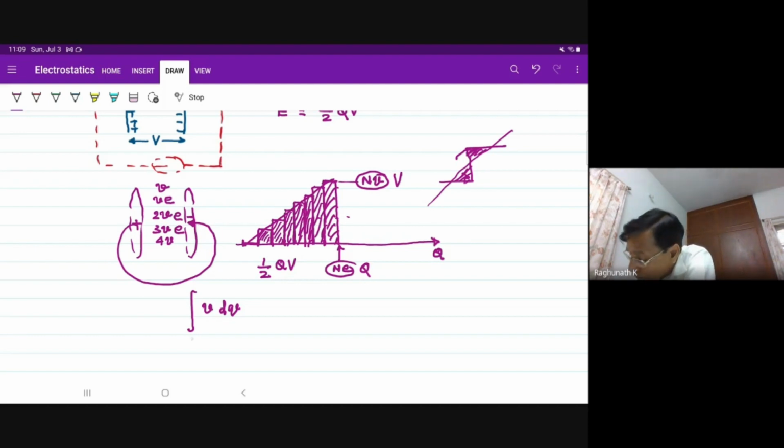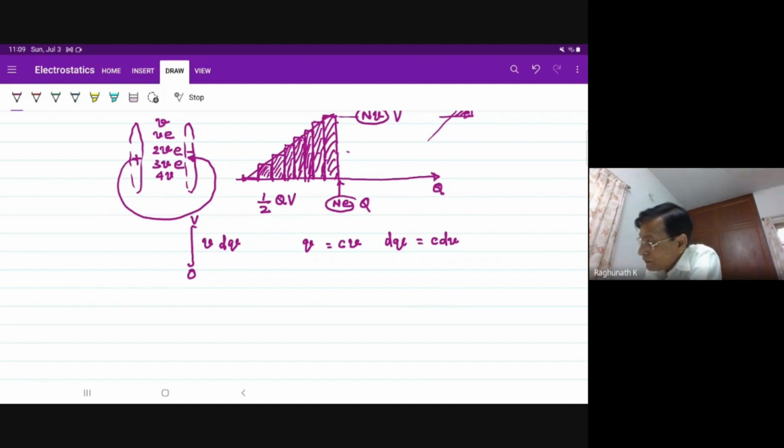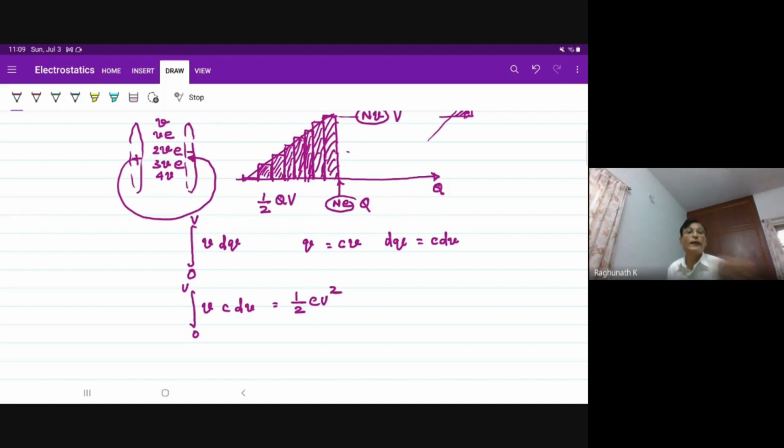Let us say from 0 to capital V. I know that at every position q is equal to cv, dq is equal to cdv, because of which this will become the integral from 0 to V of small v cdv. Half cv squared is what I can derive.